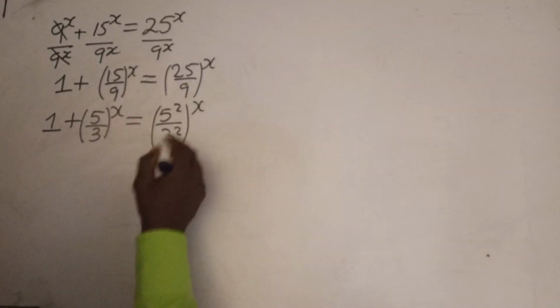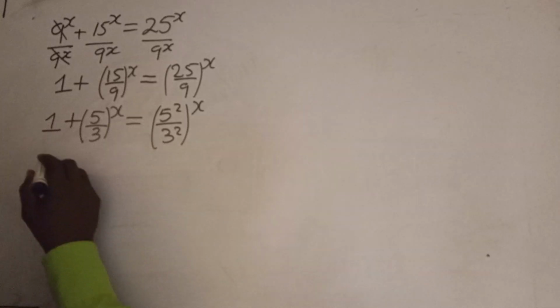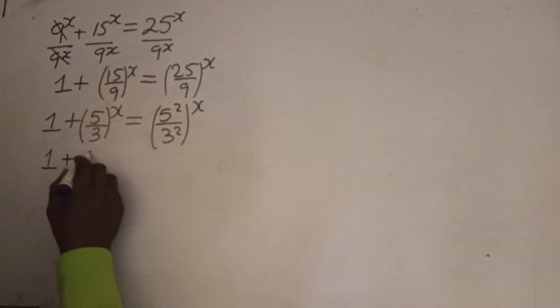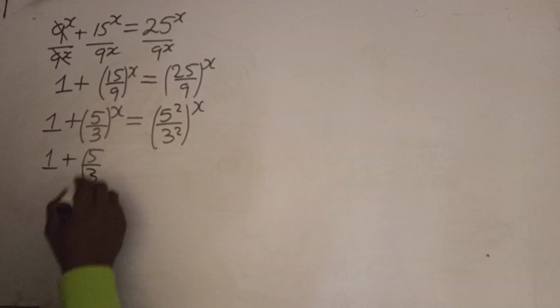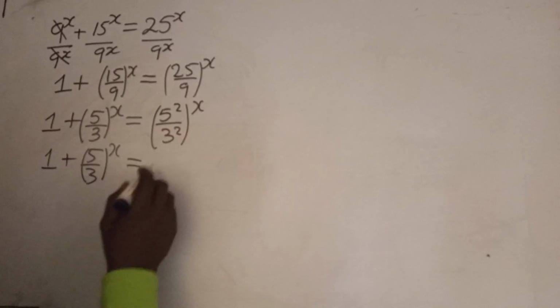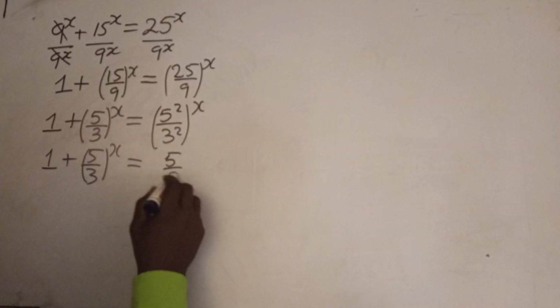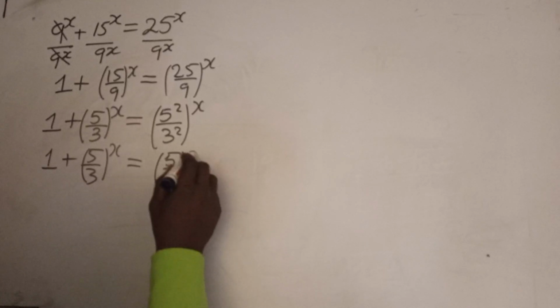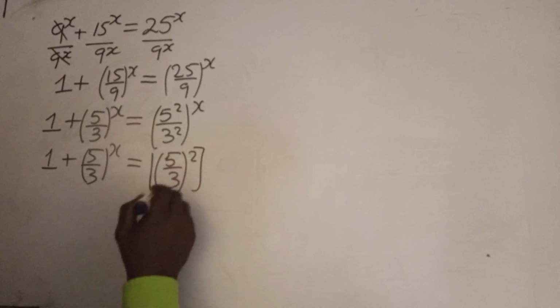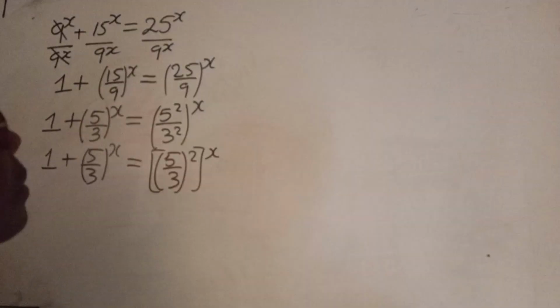All right, so we apply the power of power laws. We're going to have 1 plus 5 all over 3 to the power x is equal to, the powers are the same, so we have 5 all over 3 squared, all of that to the power x.